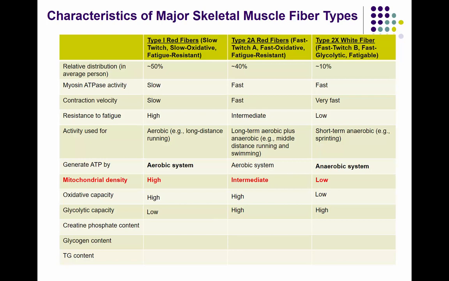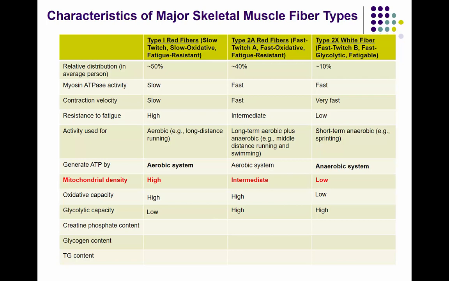But for short-term exercise, like 100-meter sprinting, we need to make ATPs very quickly, right? Because the exercise only takes seconds.